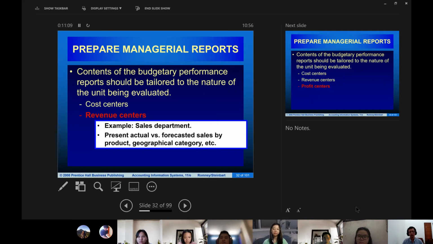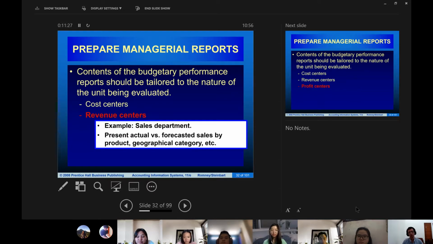Additional performance indicator would be based on product.